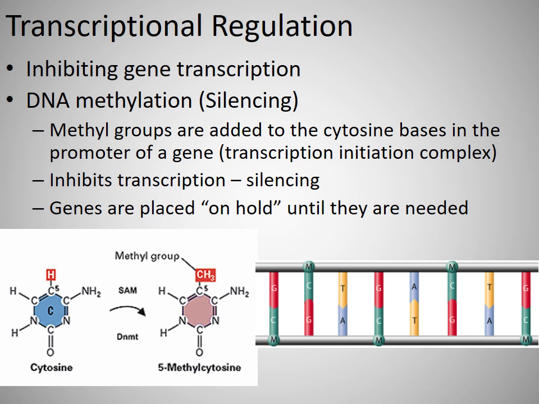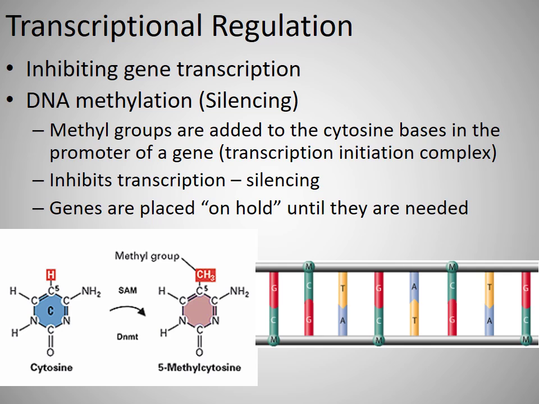Now, when genes don't need to be used for transcription, they can be turned off. One of the ways inside of a cell that this can occur is called DNA methylation. A specific enzyme will add methyl groups to the cytosines of a specific gene, and basically it will become silenced or inhibit transcription.